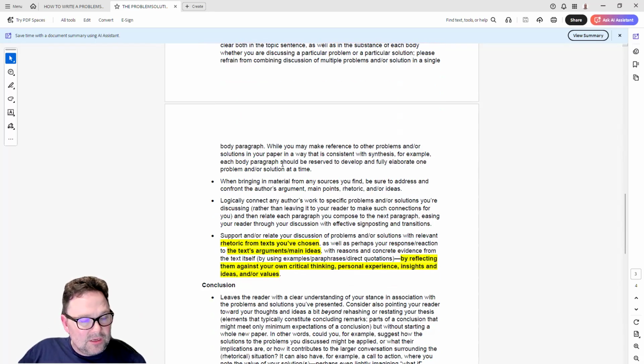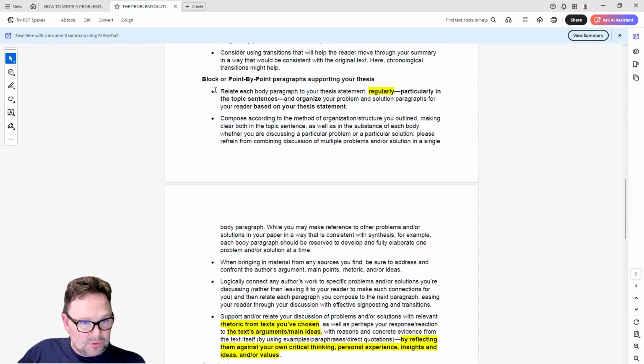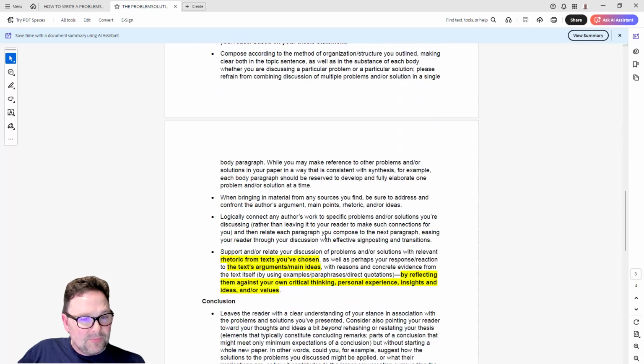Likewise, if you need to bring in source material to help support you and buoy you up when you discuss solutions to those problems, again, whether you're doing block method or point by point, this is where all that kind of discussion and source material should go. I expect to see accurate and appropriate citation and integration of quoted or paraphrased material.